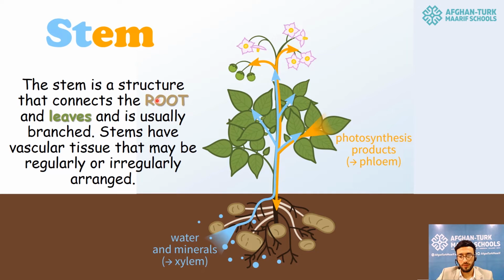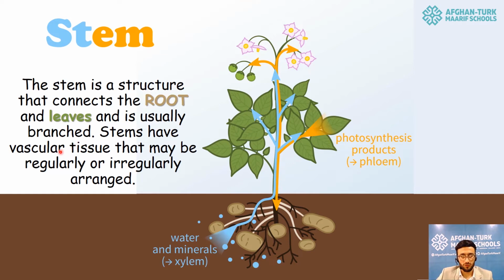Roots are the main system that absorbs water and minerals, and the leaves are the factories that convert the water, minerals, and also the sunlight energy into glucose. This glucose is a form of chemical energy that is going to be used in metabolic reactions inside the cell. So the stem is a structure that connects the root and leaves, and is usually branched.